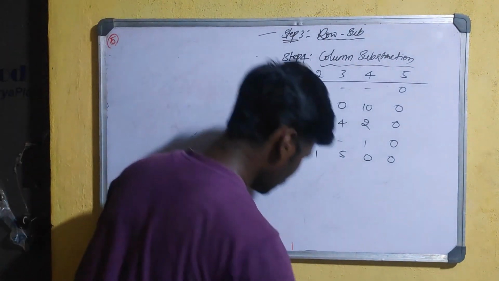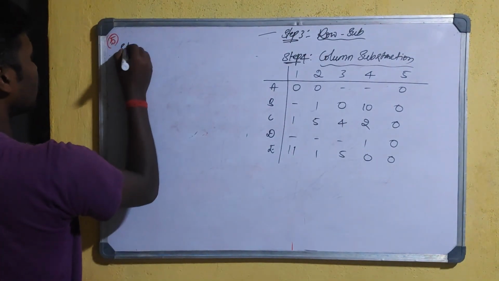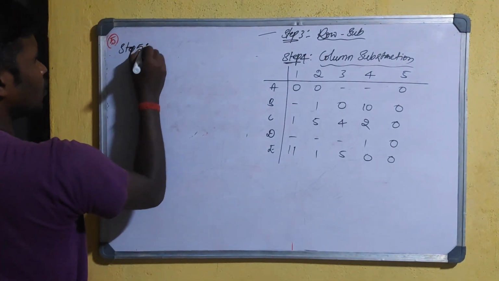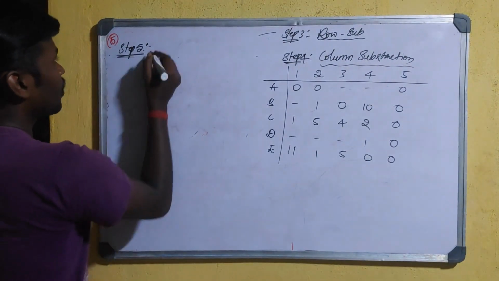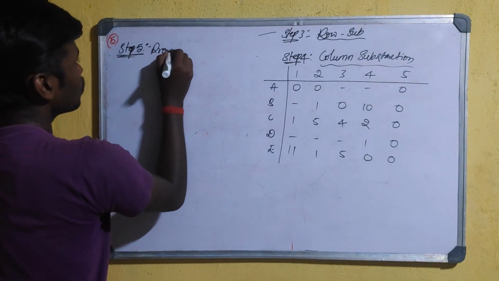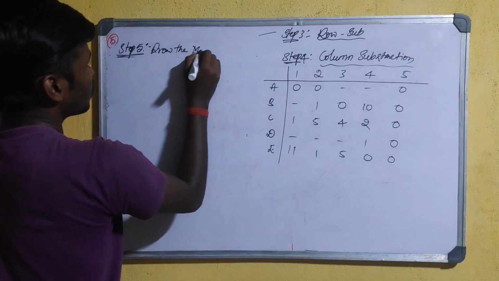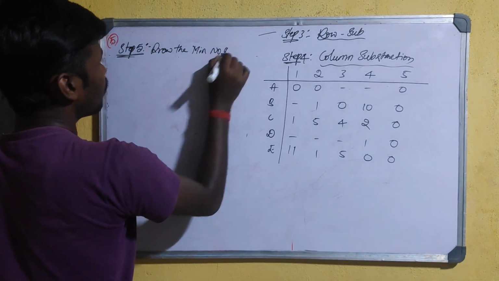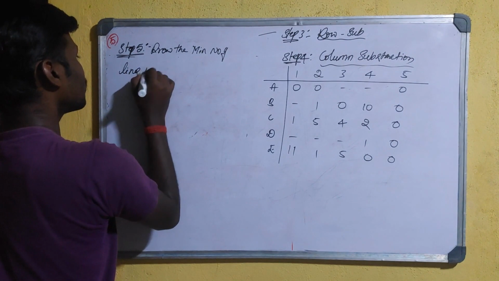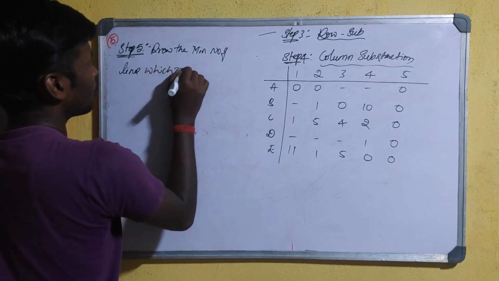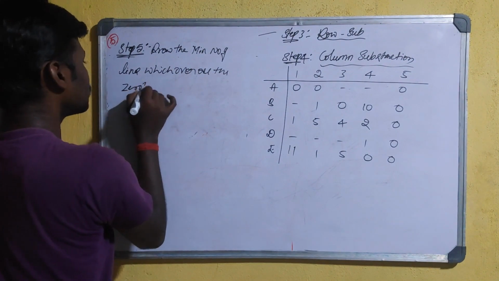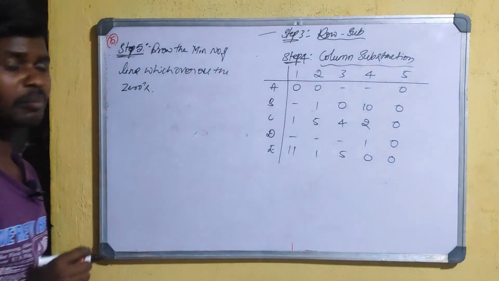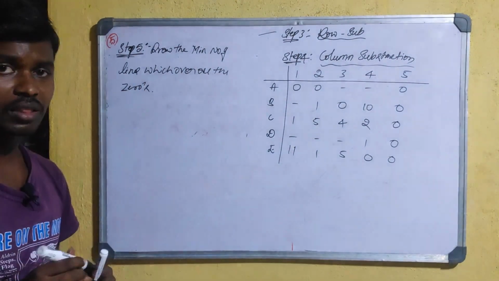That is step number 5. So in step number 5 we have to draw the minimum number of lines which cover all the zeros.